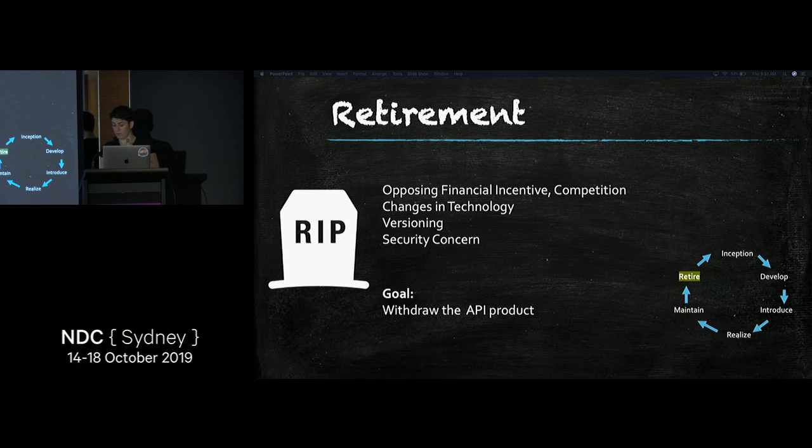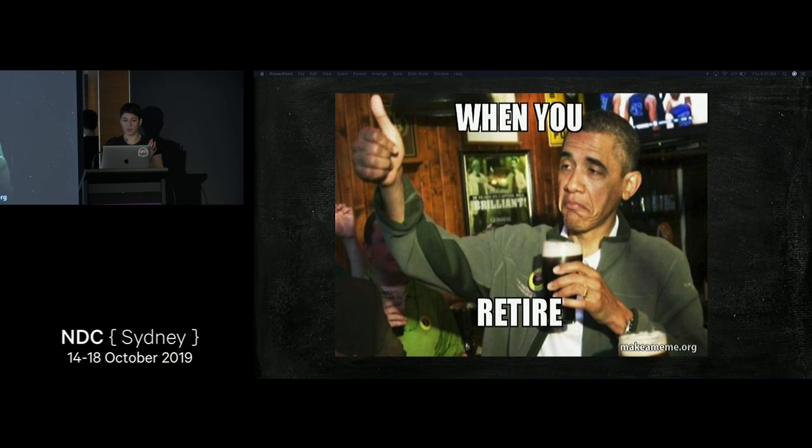I heard that Instagram retired their APIs for security. They said, we won't have that thing. What is the goal? The goal here is to withdraw the API product. That's all we do. And I put this here to say, when you retire, go at a good time, right?